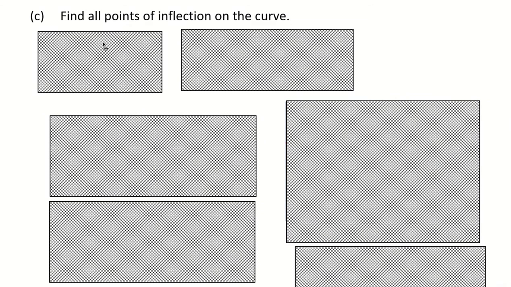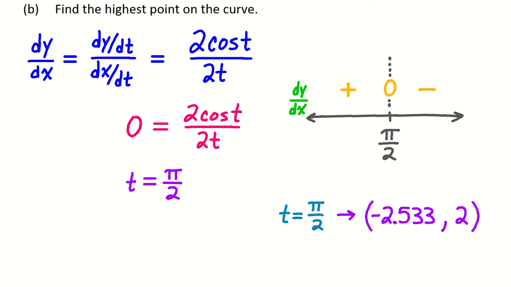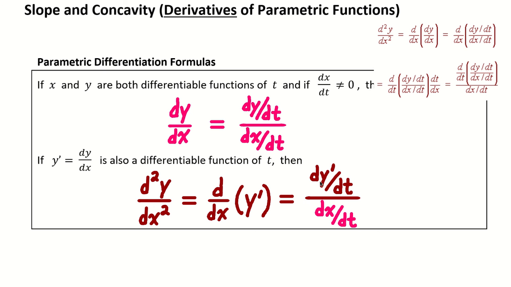Now we're going to find all the points of inflection, which you've known for months you'll be using the second derivative to do. So we're going to have to use the second derivative, what's basically a formula.